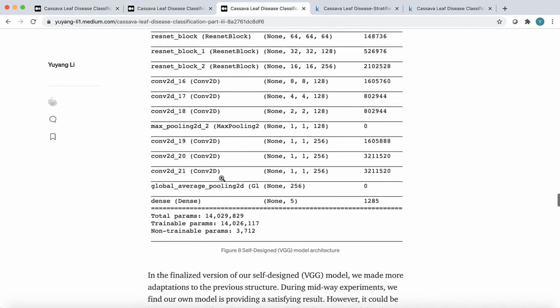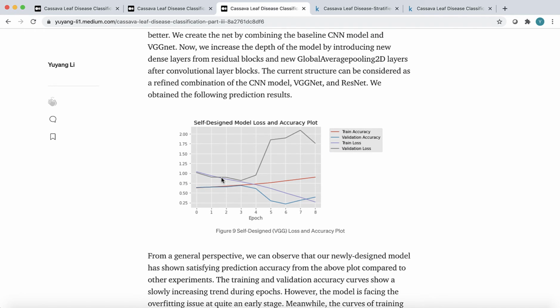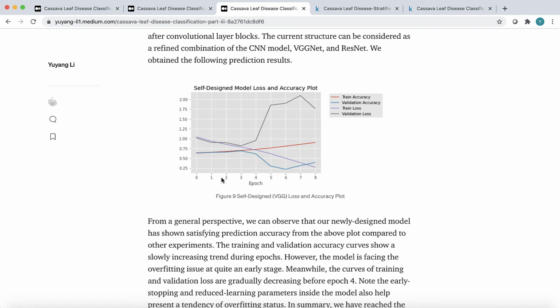And next, I would like to show a picture of this model's performance. We can see that both training and validation accuracy lines are increasing during training epochs. Meanwhile, the loss curves of both training and validation are decreasing gradually. The best validation accuracy is achieved at epoch 4, which is about 0.688.